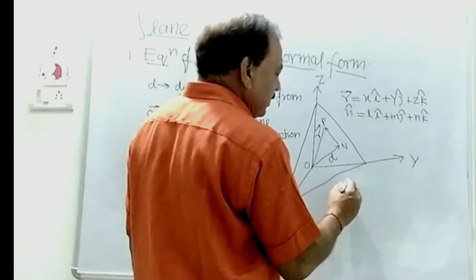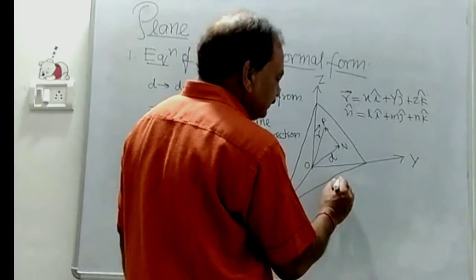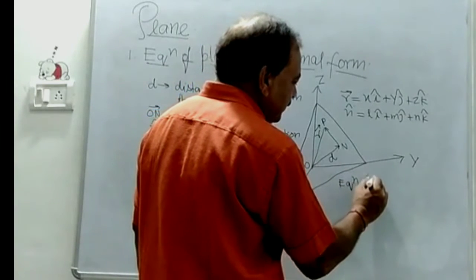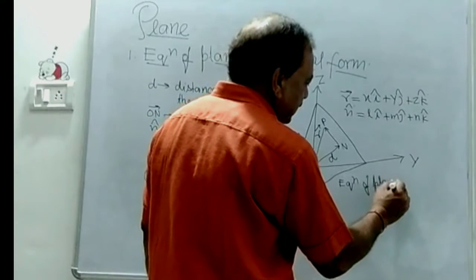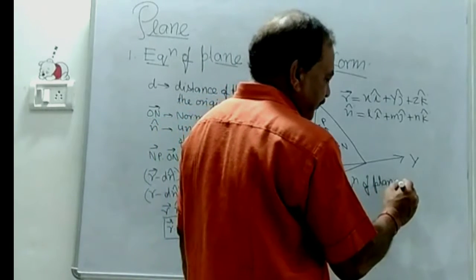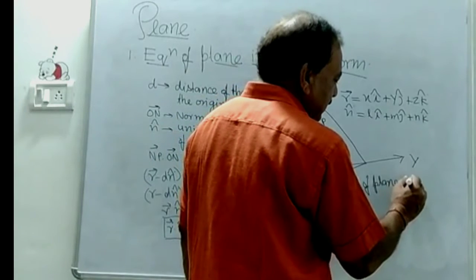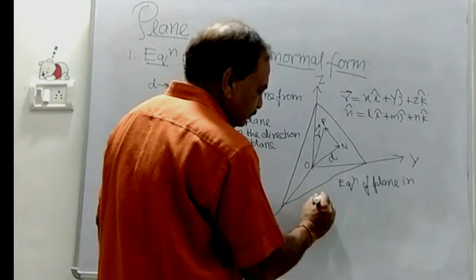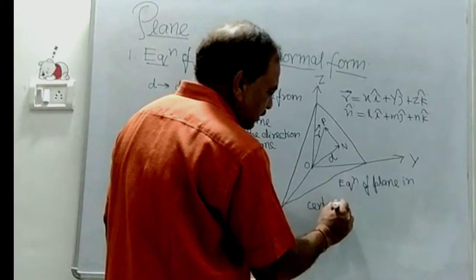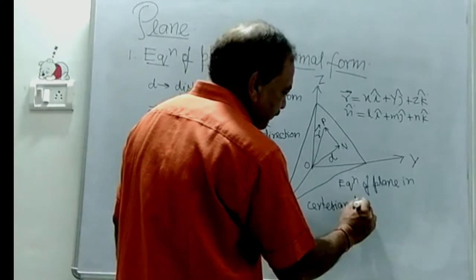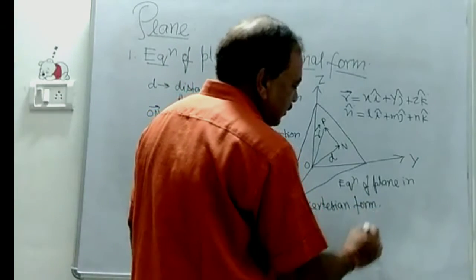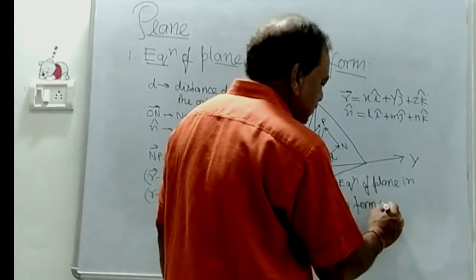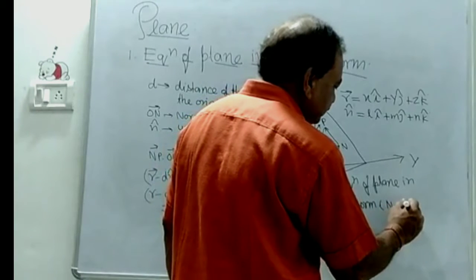Then we can write the equation of the plane in Cartesian form, that is the normal form.